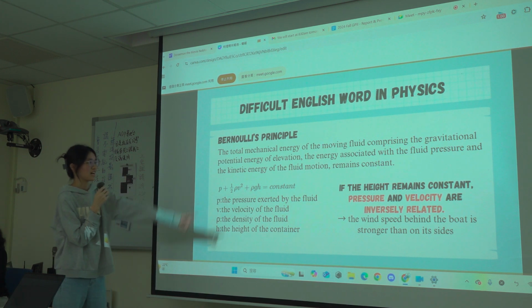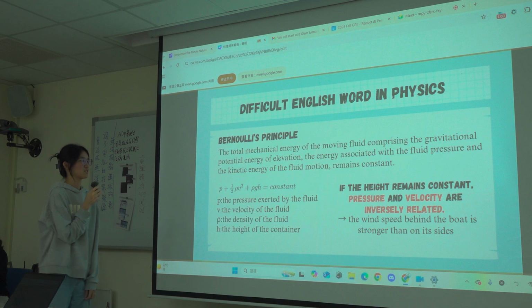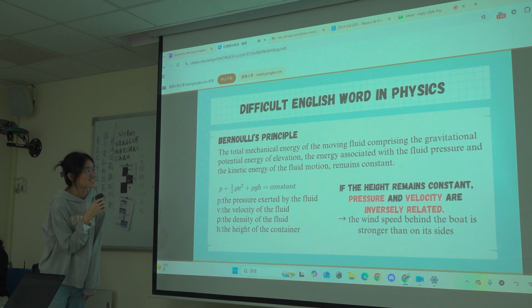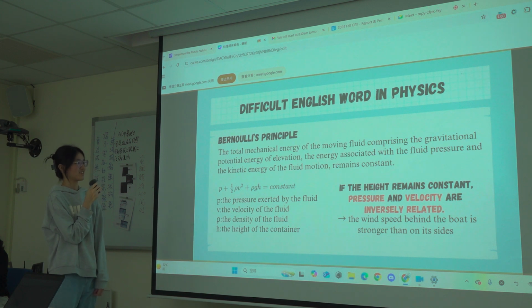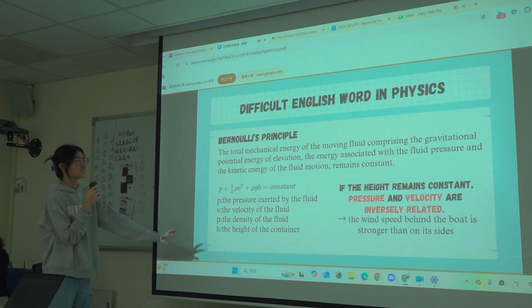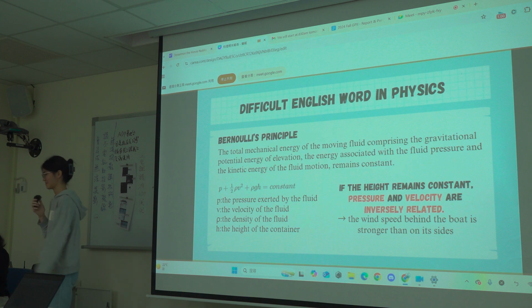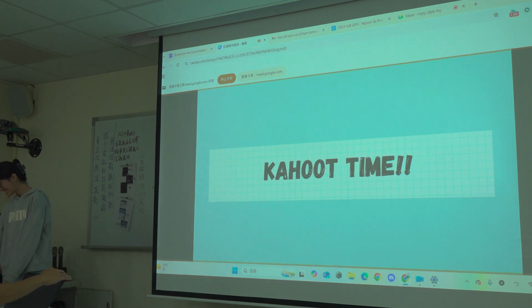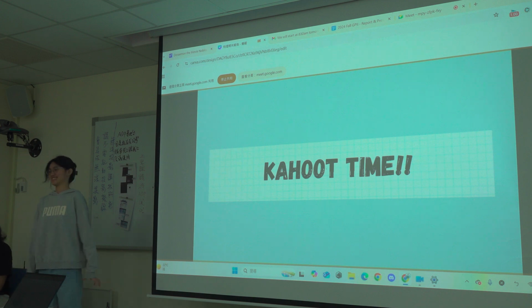If the height remains constant, the pressure and the velocity are inversely related. So the wind speed behind the boat is stronger than on its sides. Yes, good. But thank you for the good presentation. Very nice. Thank you.